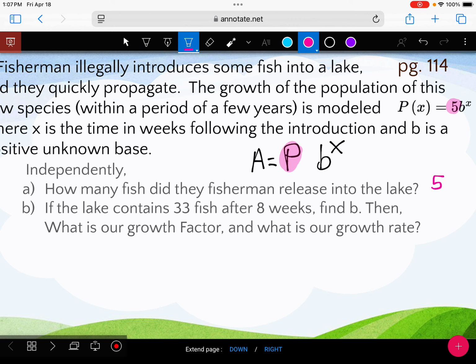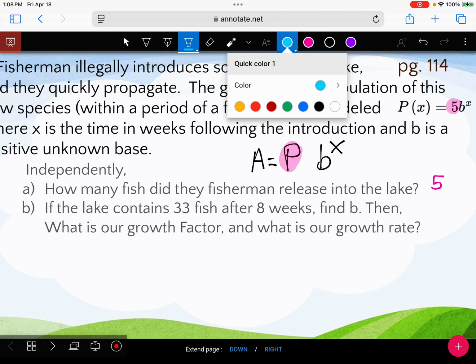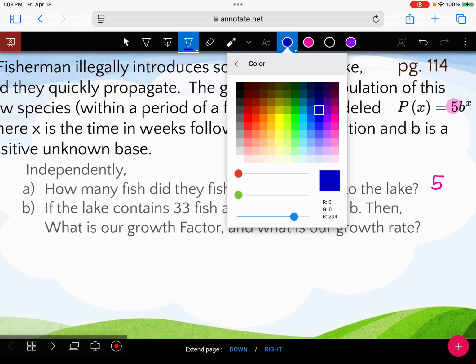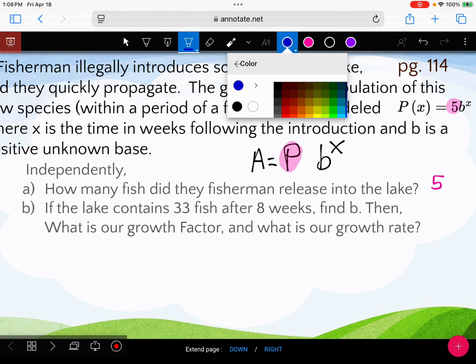So if at 8 weeks they had 33 fish, what does that mean is our growth rate? How do we find our B? We've got to set the whole thing up first.